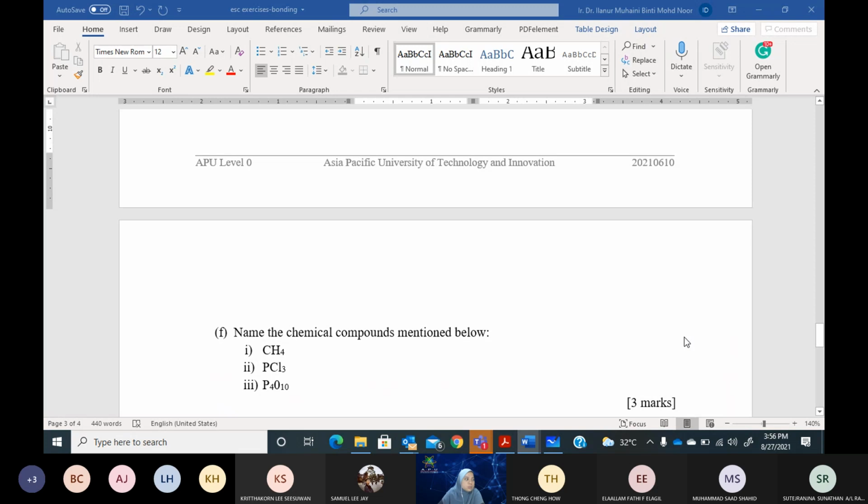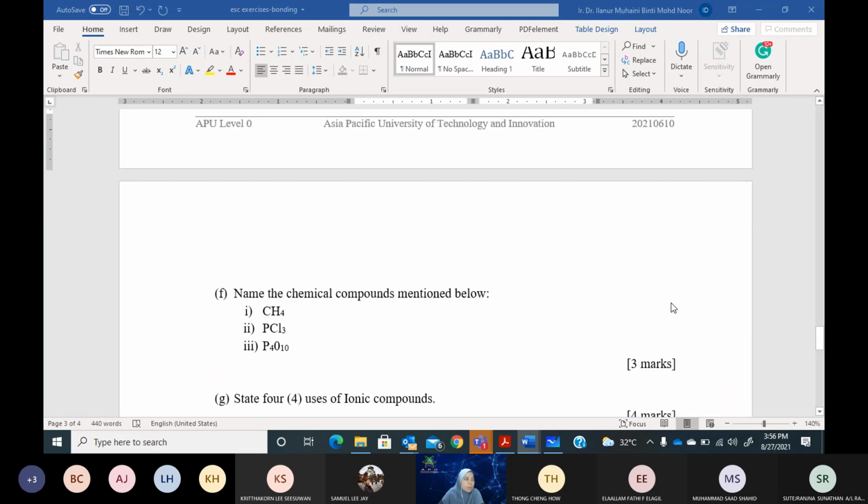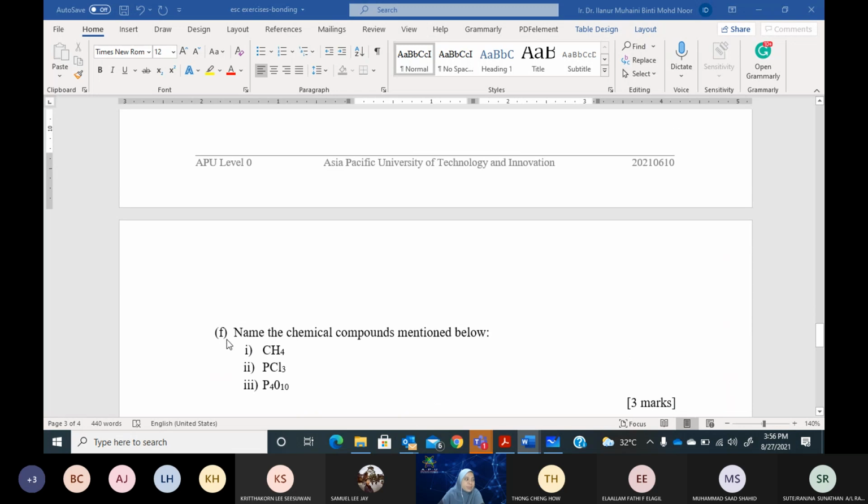Next is name the chemical compounds mentioned below. Try to do part F. Name the chemical compound mentioned below. This one, carbon plus hydrogen. But hydrogen got 4 here, indication 4.